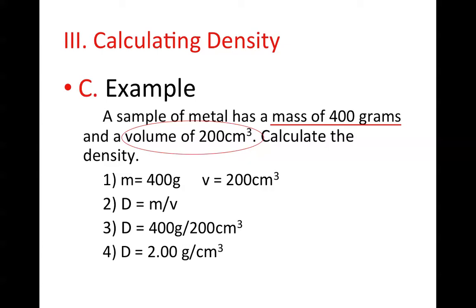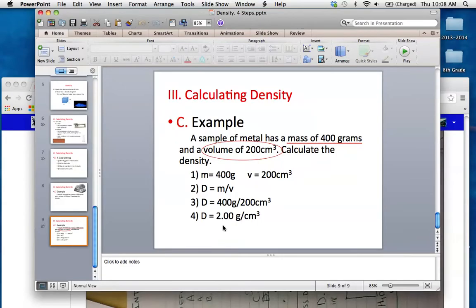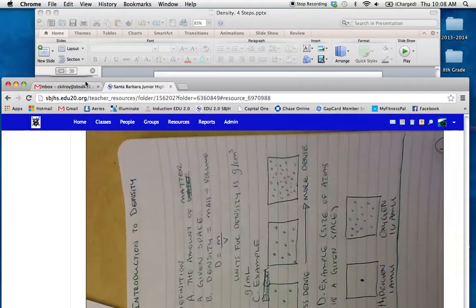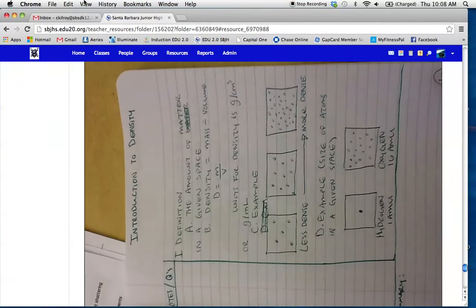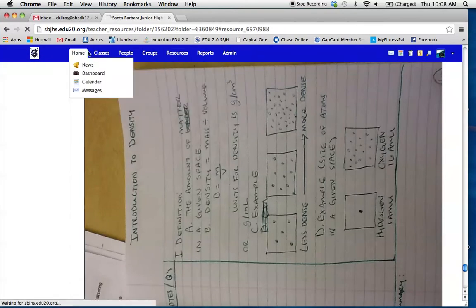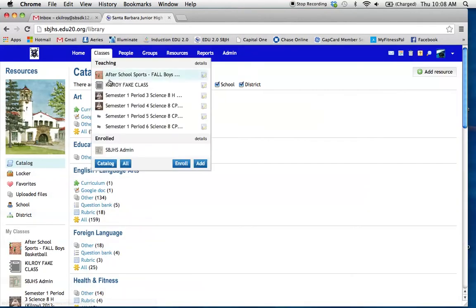Okay, so that is the end for our lesson today. You need to make sure you have all of these notes written correctly in your notebook. The notes for density should start on page 47 and end on page 51. Now, if you thought I went a little fast, I want you to go back to that resource section. Let me take you back to your home page.